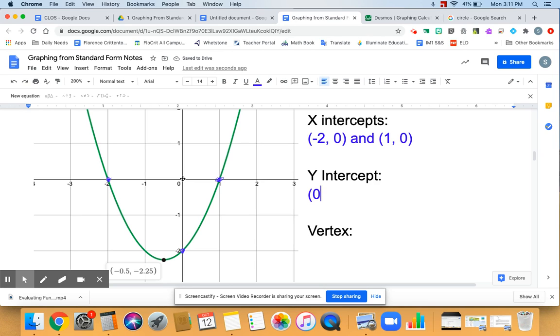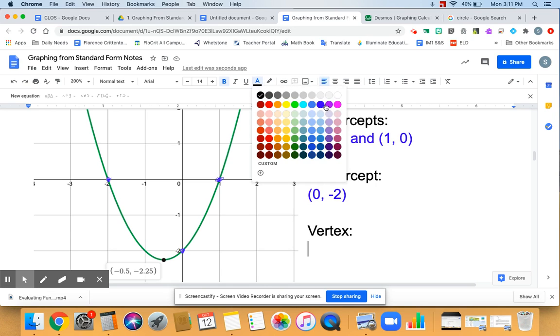And from this middle, I'm not going left or right. I'm just staying right there in the middle. But then my y is what? My y is -2 because then I'm going down 2 from the middle. And then there's my point. So that's my y-intercept.